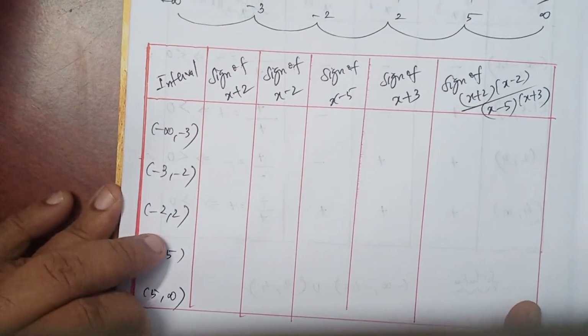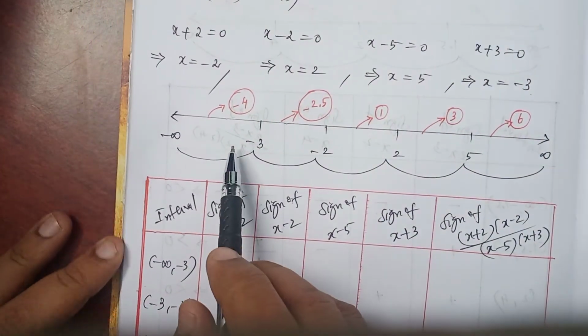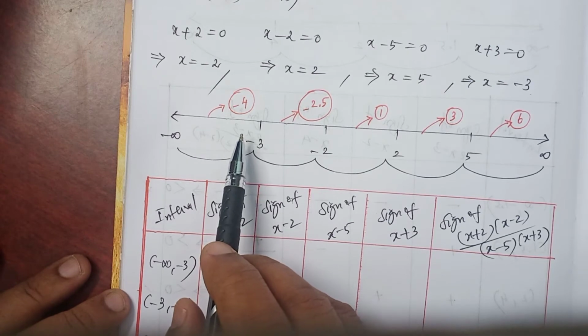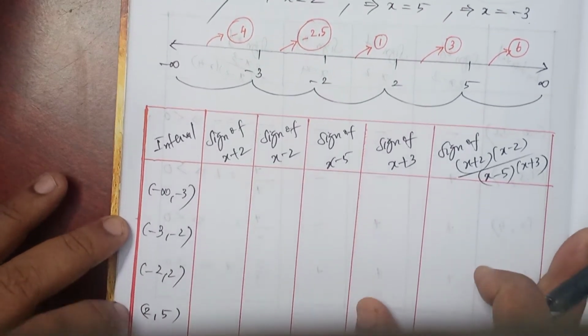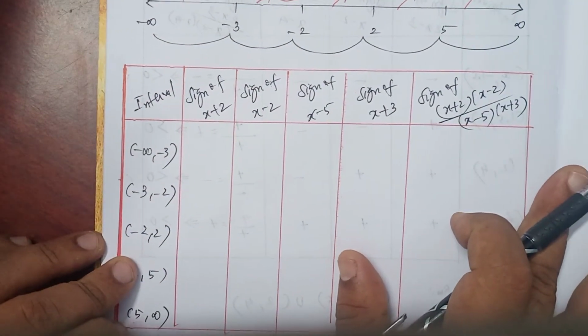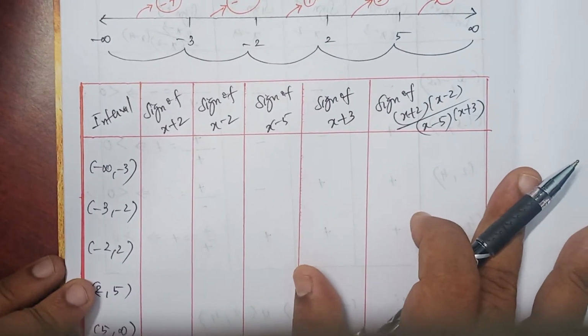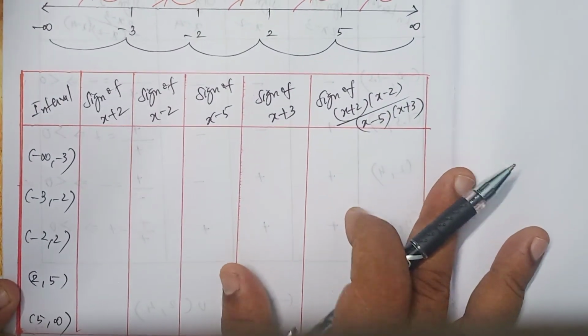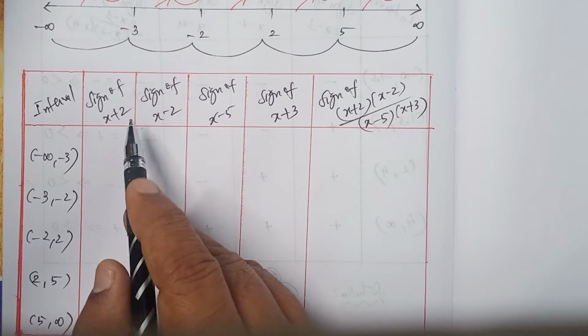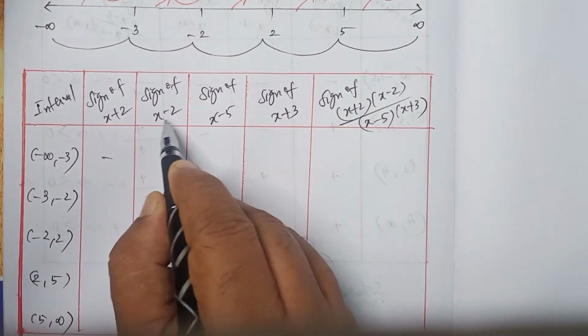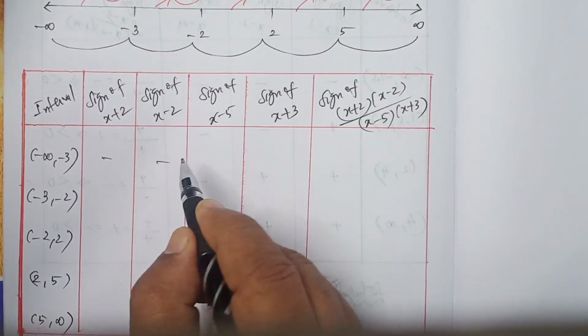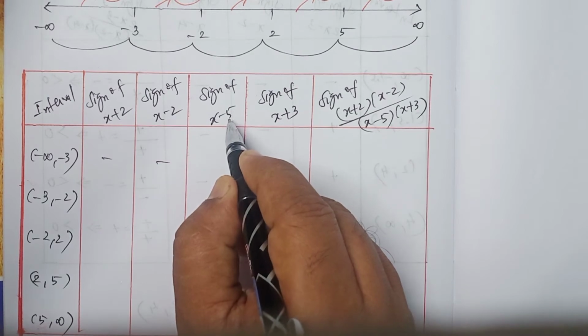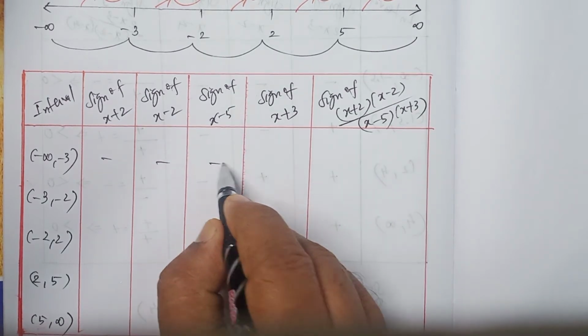First, in this interval I take minus 4. Substitute x equals minus 4 everywhere. Minus 4 plus 2 is minus 2, negative. Minus 4 minus 2 is minus 6, negative. Minus 4 minus 5 is minus 9, also negative.